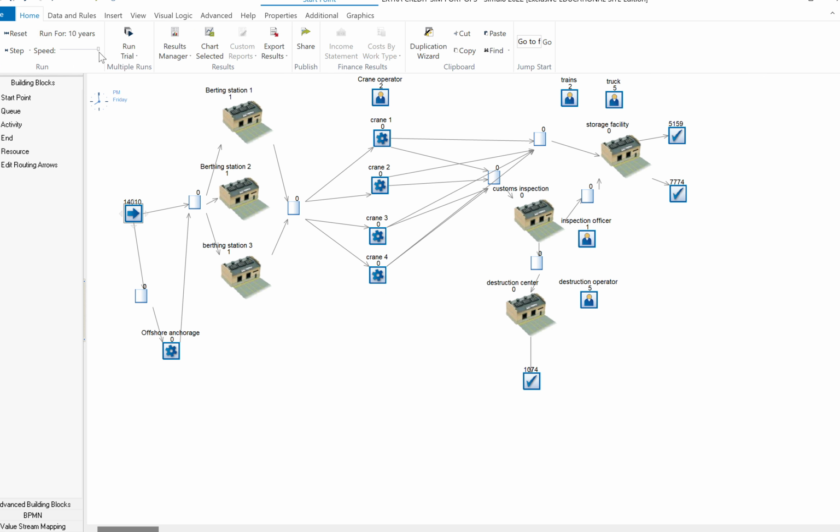Just going to play it one time at normal speed, just so you can see it going through. So just run it at a normal speed. See it coming through. Maybe speed it up just a little bit so you can see a different ball.